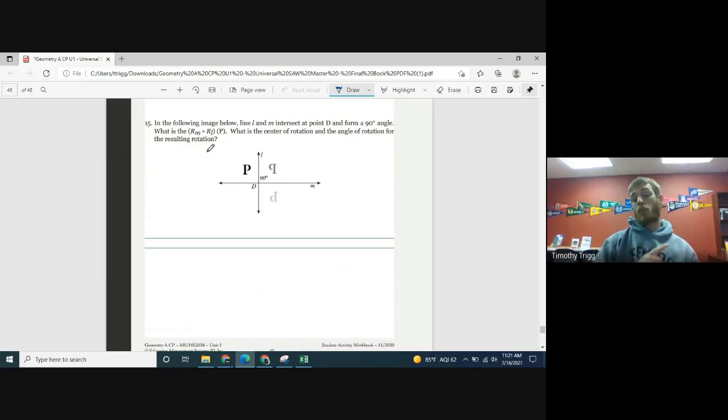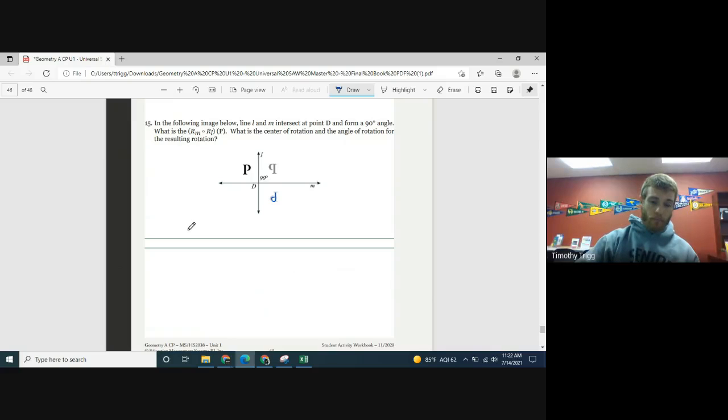So if you reflect across two intersecting lines, you can see this pre-image P reflects across L, and then it reflects across M. So we reflected, then reflected again, but you could also consider that a rotation. The amount of rotation in this case is double the angle that the intersecting lines intersect at.